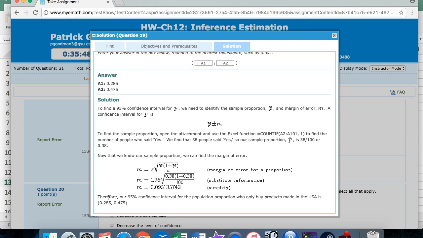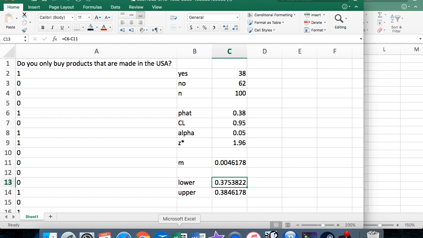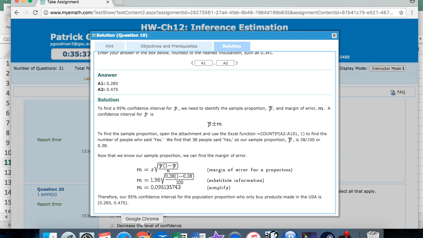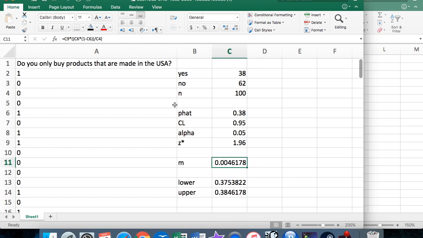This doesn't, 0.09. Huh. Yeah, this might be an error. So if you guys encounter this too, 0.38 times 1 divided by, I mean, let's see. Let's just make sure I didn't make a mistake.